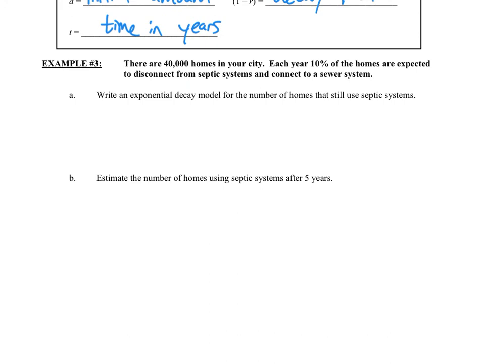So they tell us that there are 40,000 homes in your city, and each year 10% are expected to disconnect. So 10% disconnect from a septic system and connect to a sewer system. So the disconnect means they're going away. So that's a decrease of 10%. So r is 10%, which is 0.10.